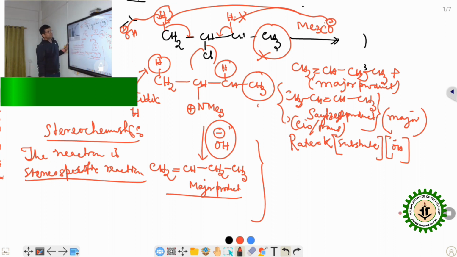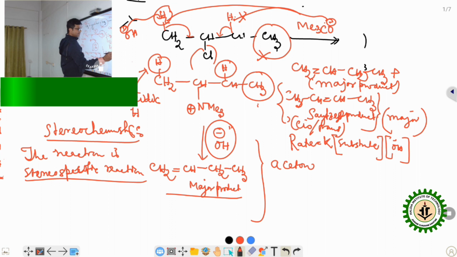So a non-polar type of solvent like acetone will be used in this E2 reaction, because if I use polar solvent, what will happen?